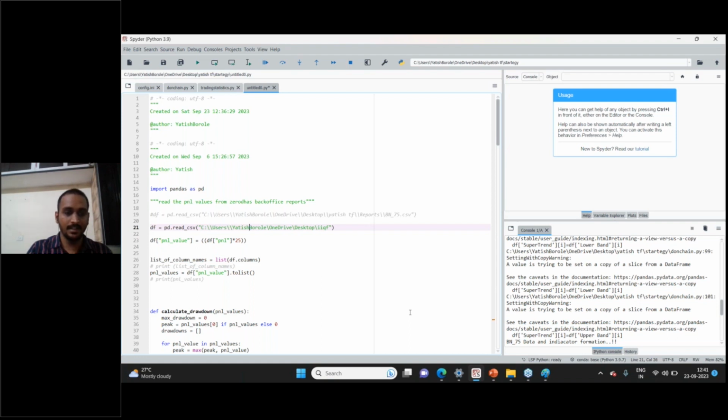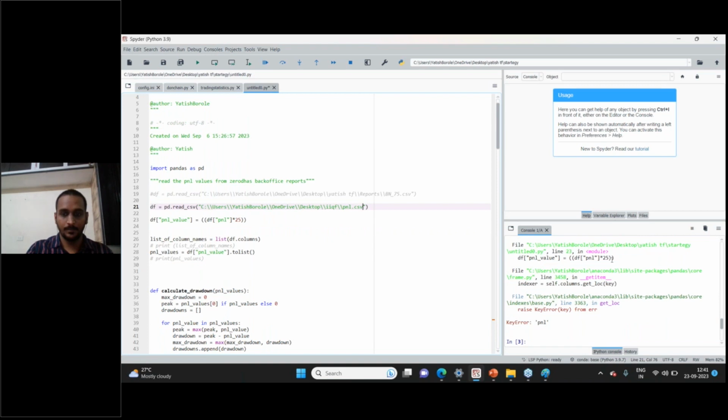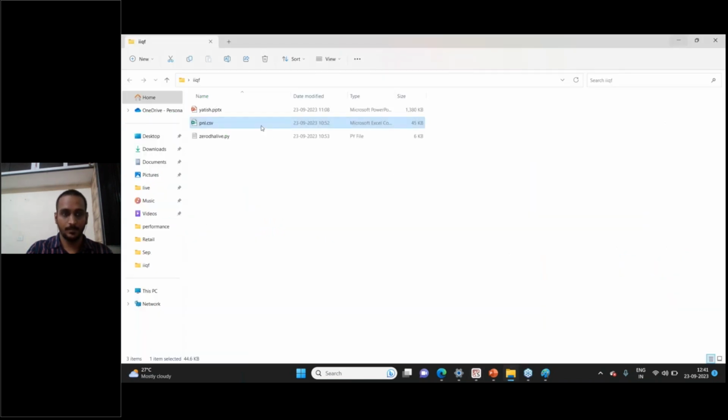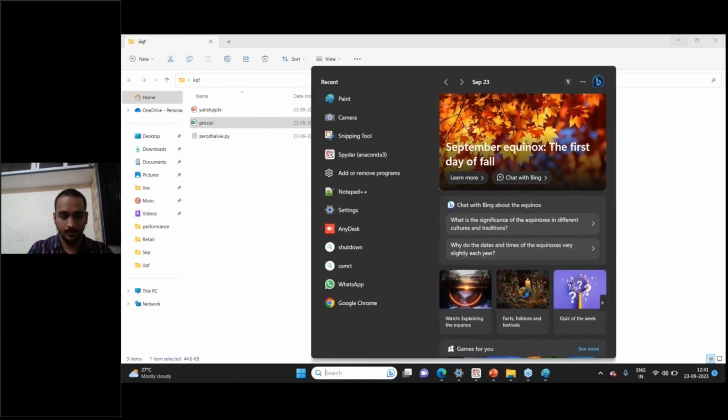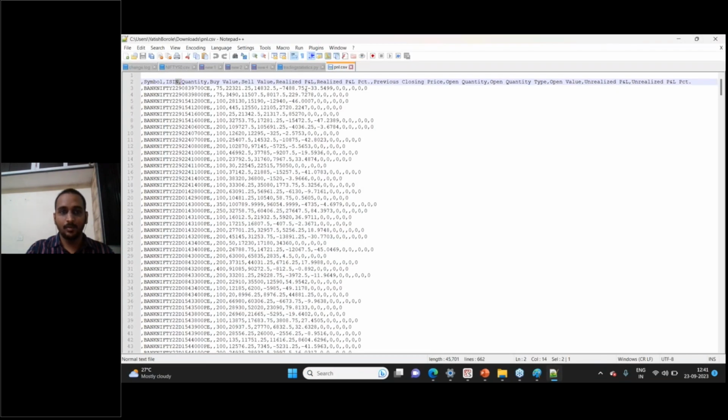I'm reading my current CSV which we downloaded from the back office so that we will be able to get the statistics, the PNL CSV. We need to pass the column for which we want to perform this calculation.